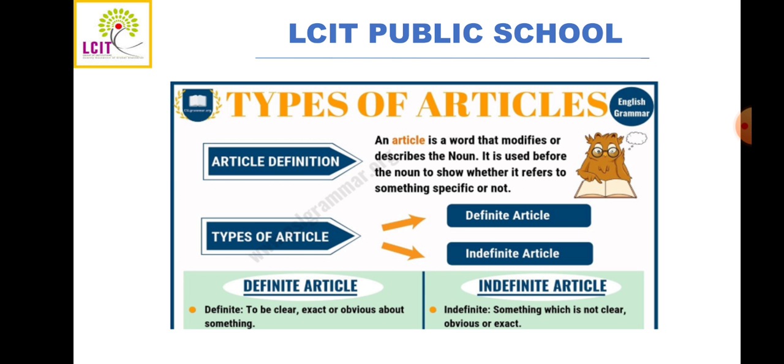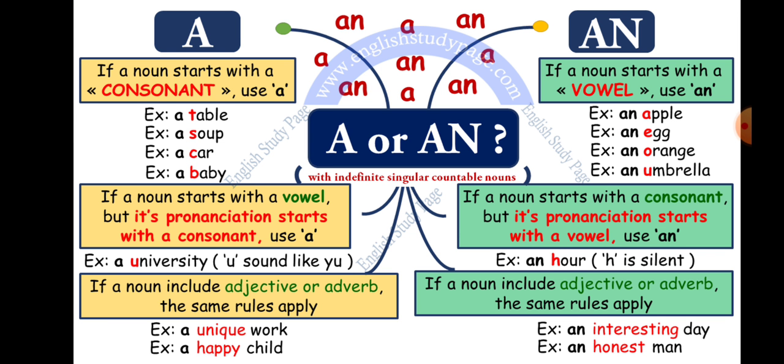Let us do a quick revision. What are their functions and how and where are they used? The very first thing is that a and an both are used before a countable noun in the singular number.